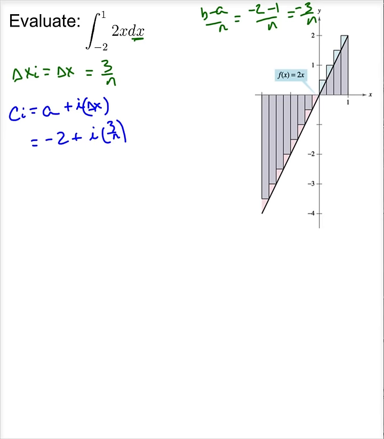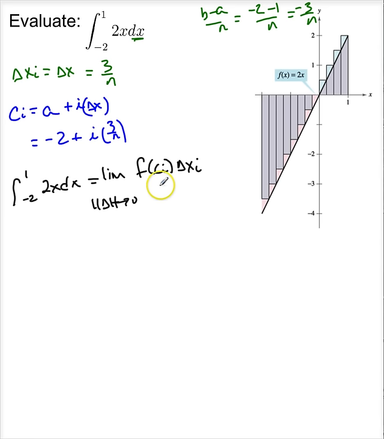So I can say the definite integral from -2 to 1 of 2x dx is equal to the limit as the partition goes to 0 of f evaluated at c sub i times delta x sub i.